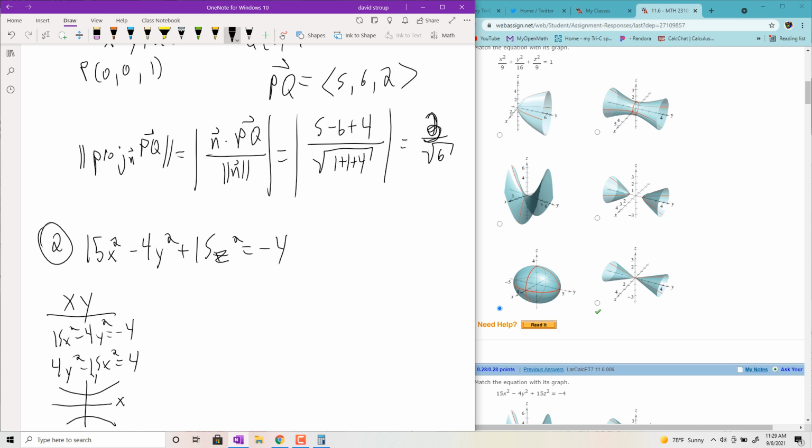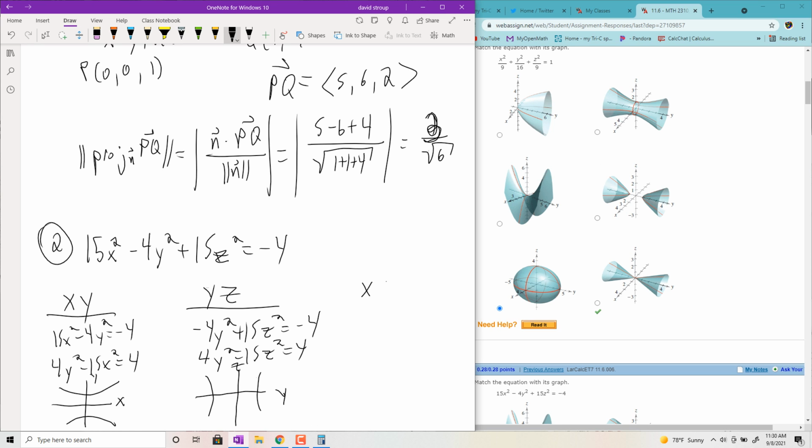YZ is negative 4y squared plus 15z squared equals negative 4. Multiplying by negative, 4y squared minus 15z squared is positive 4. Again, that will be a hyperbola, this time with the hyperbola on the y-axis.